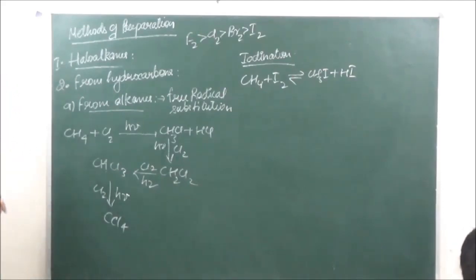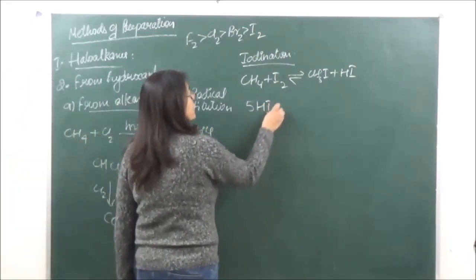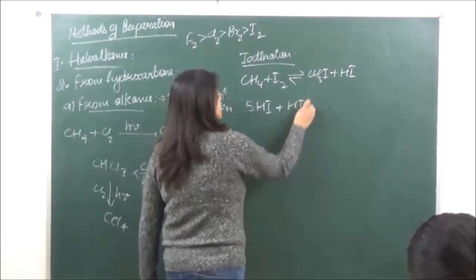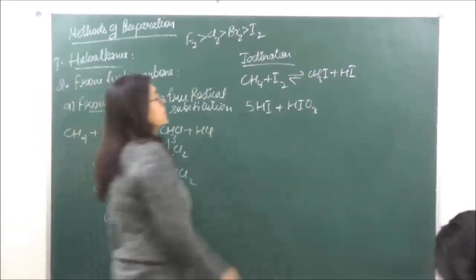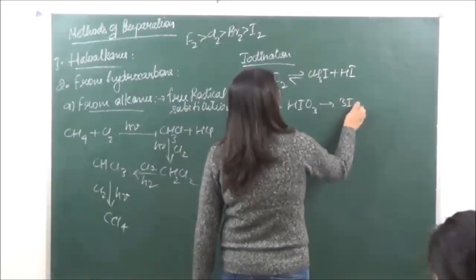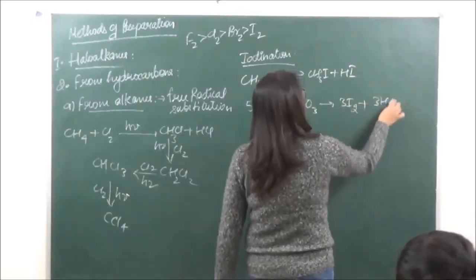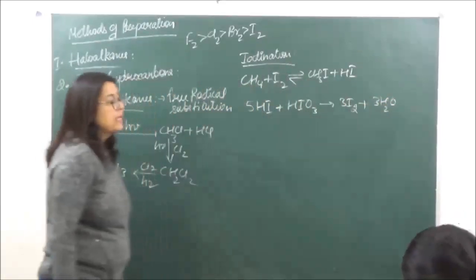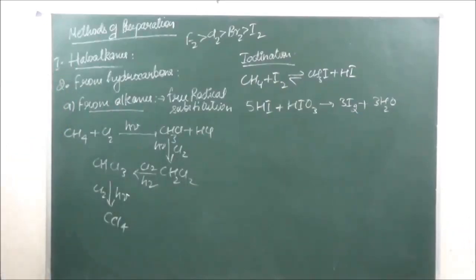In order to avoid that, we have to immediately remove the HI from here, such that the reaction does not go in the backward direction, and this can be done by reacting it with iodic acid. Is it clear?